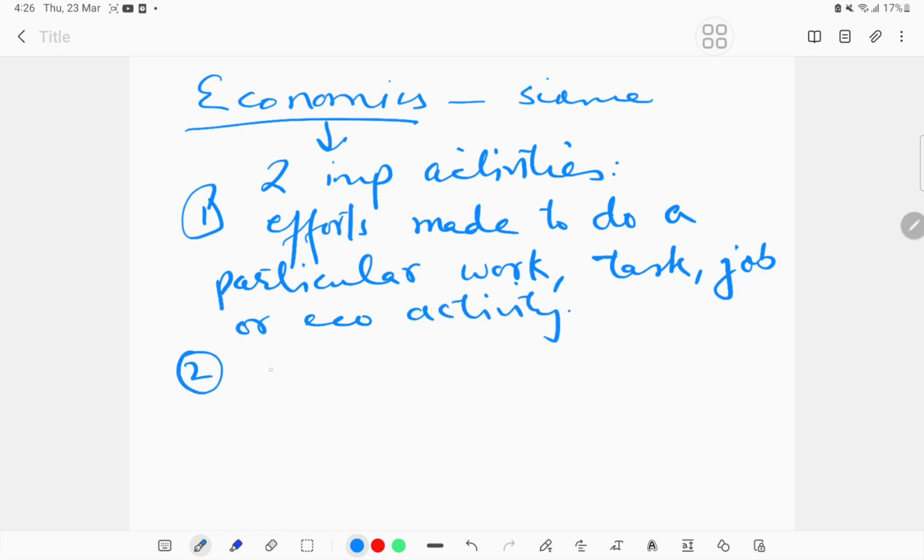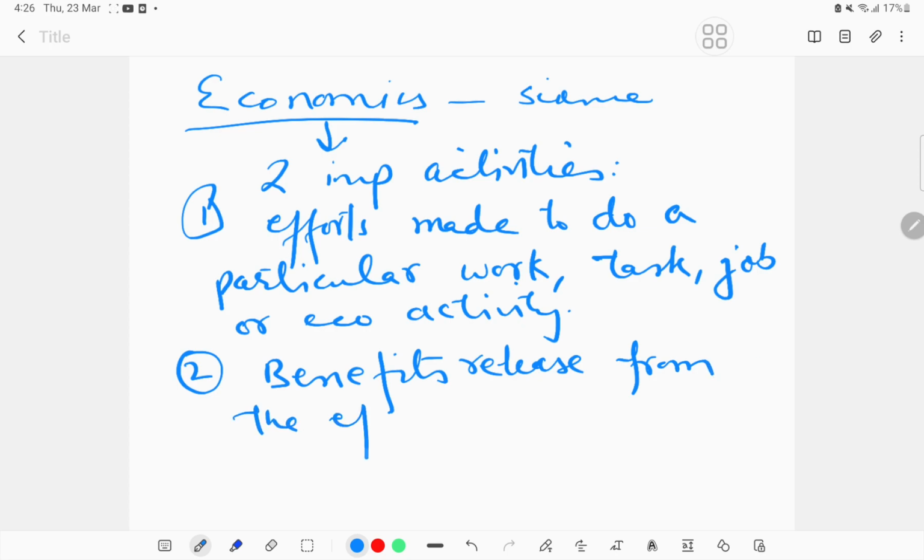And second is the benefits which we get, which are released from the effort. So here these two activities are important: first is the efforts we make to do a particular work or task or job, and second is the benefits which are released from the effort.